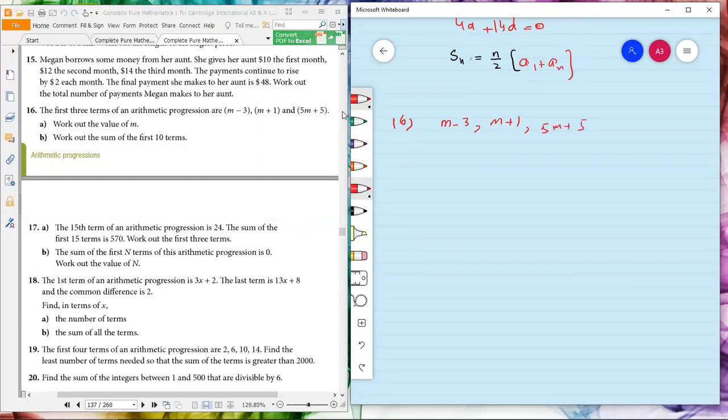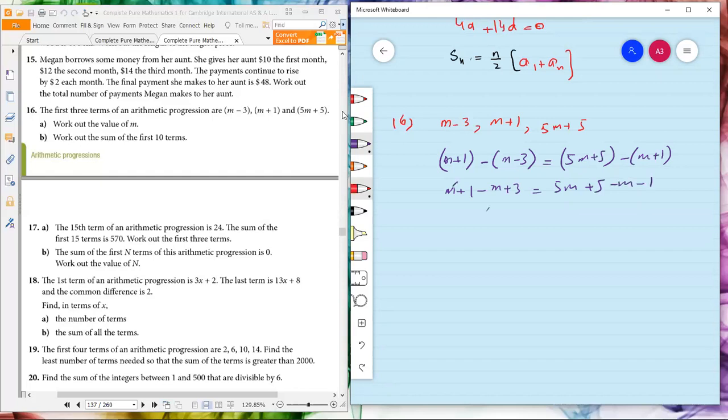If we are to show that this progression is arithmetic, then the difference between the second and first term, m plus 1 minus (m minus 3), must equal the difference between the third and second term, 5m plus 5 minus (m plus 1).